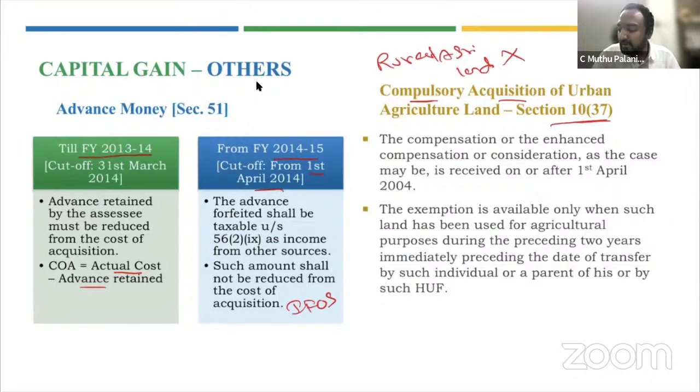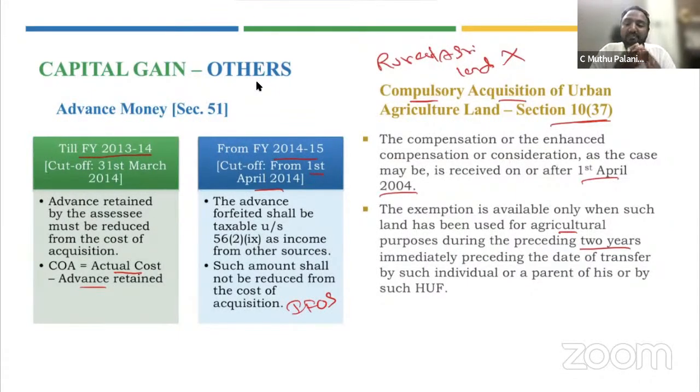So after 1st April 2004, if there is any compensation received for compulsory acquisition of urban agriculture land, then it is exempt, provided that land was used for agriculture purpose for the preceding 2 years by the individual or the parent of the individual or the HUF.